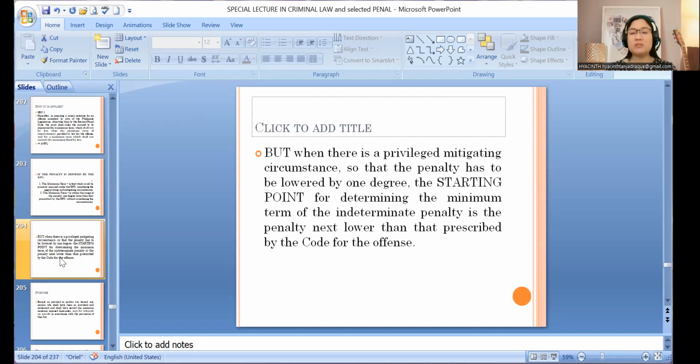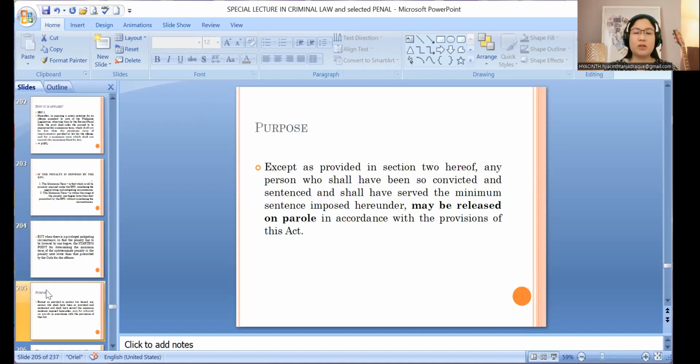But when there is a privileged mitigating circumstance, so that the penalty has to be lowered by one degree, the starting point for determining the minimum term of the indeterminate penalty is the penalty next lower than that prescribed by the code for the offense. In other words, you have to consider it, apply it right then and there to come up with the penalty to be imposed upon the accused.